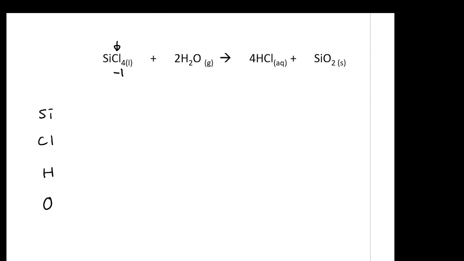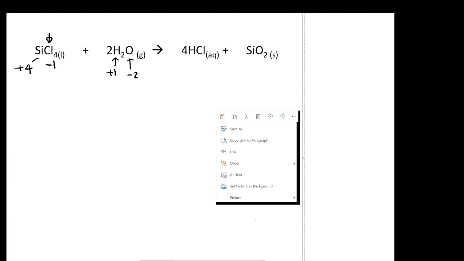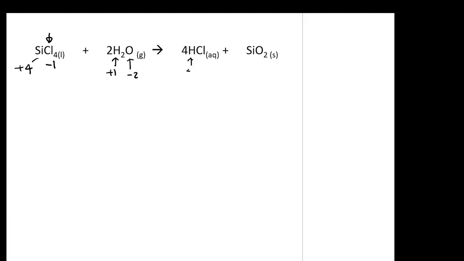How about silicon, Si? +4, good. In H2O, O is always -2, H is always +1. In HCl, H will be +1, Cl will be -1. In SiO2, O is -2, so Si will be +4.